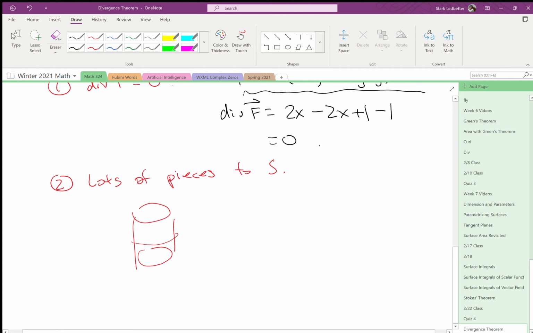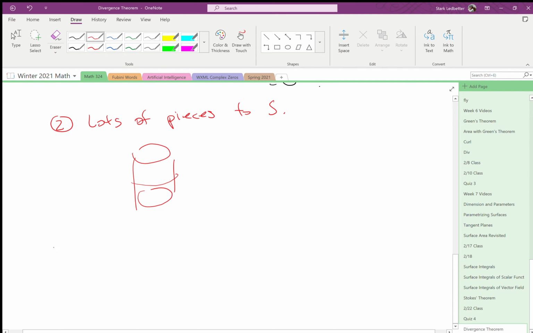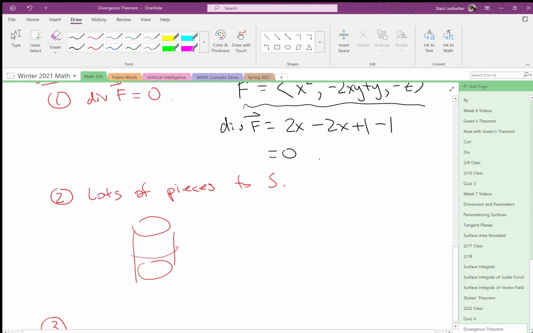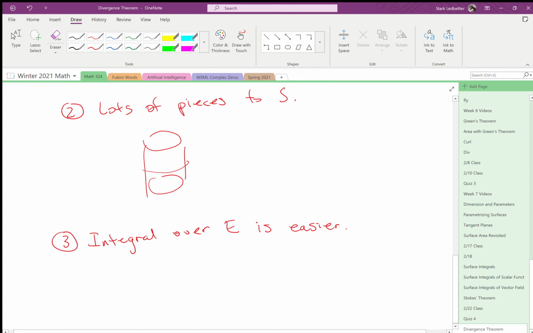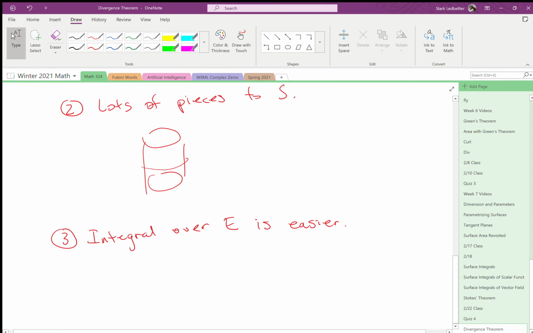So that might be nicer. And there's a cute example on Wikipedia that we'll see of the third one, which is that the integral over E is easier. It might seem like it could be harder, and it can be, since it's a triple integral. But sometimes the surface integrals over vector fields are really hard, so the triple integral might be easier.